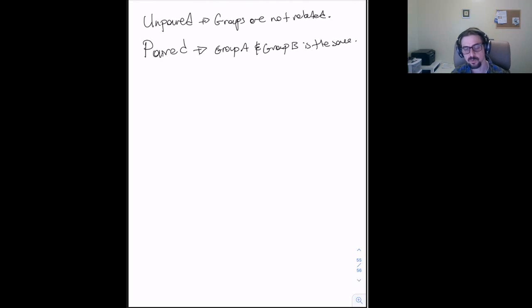So the paired test would be this way. You have 6 athletes, right? You basically run them, and then get their blood oxygen levels. And after a rest period, say a couple of hours, you give them the drug and then you run them again, and you see if there's an increase in their performance.